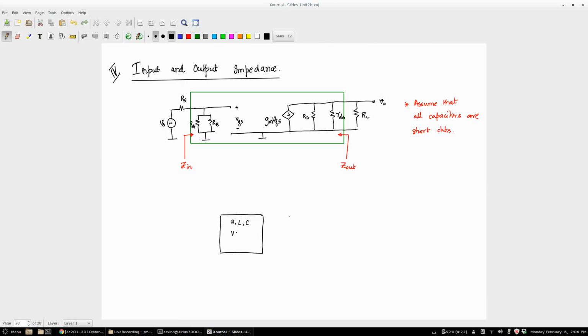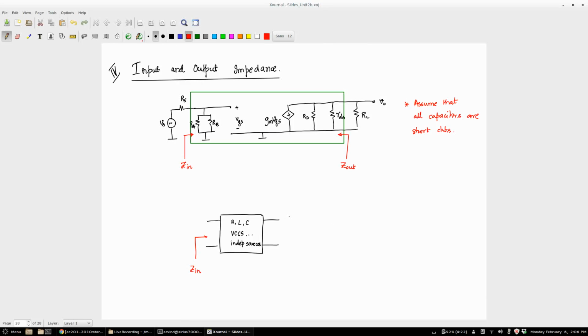So, in general, this is again back to what we did in the previous course. If I have some network, and the network has some resistors, inductors, capacitors, and some sources, say some voltage controlled sources and so on and so forth.